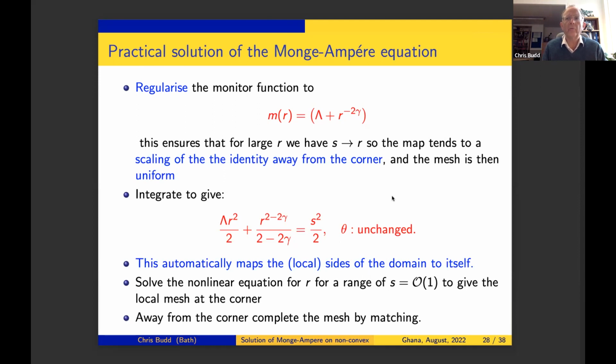You can then solve the Monge-Ampere equation analytically and complete the mesh by matching from the local to the global solution with that monitor function and that value for gamma. That procedure is almost more complicated to write down than it is to do, because you've done most of the work by doing the analytical calculations.